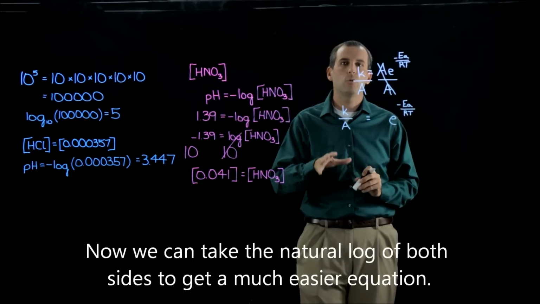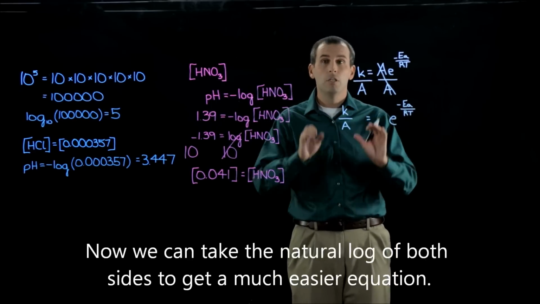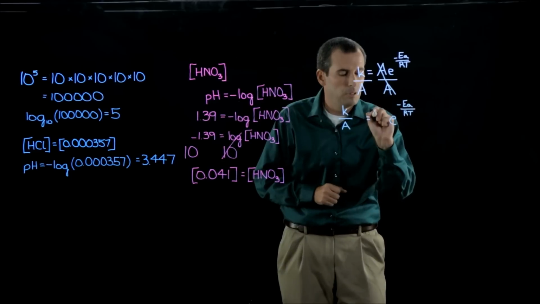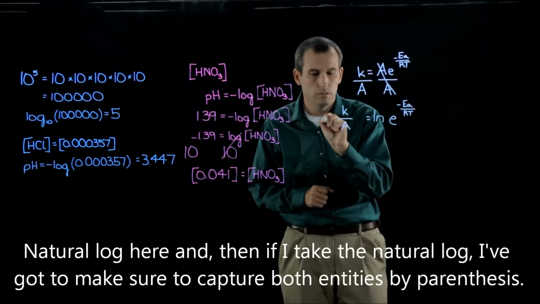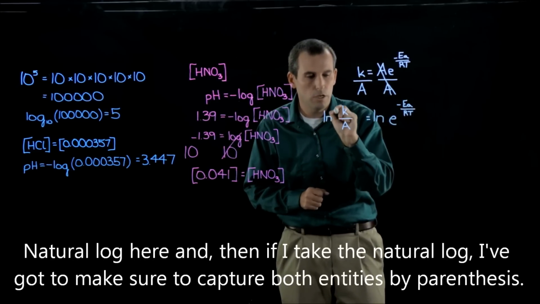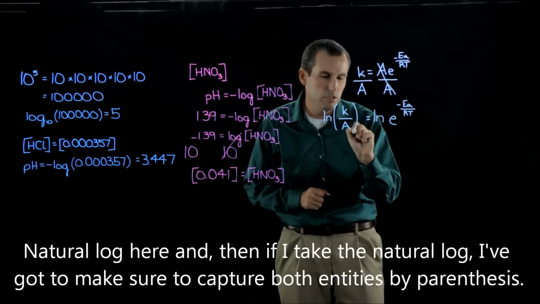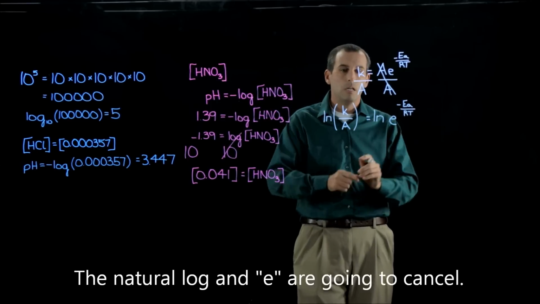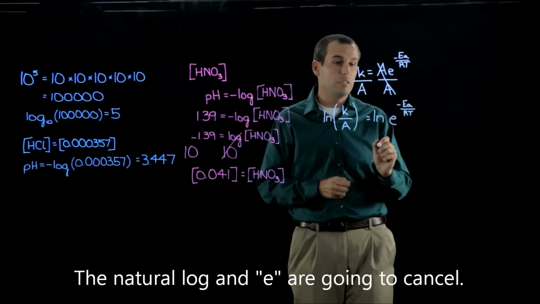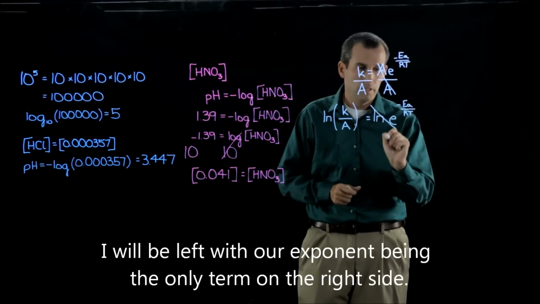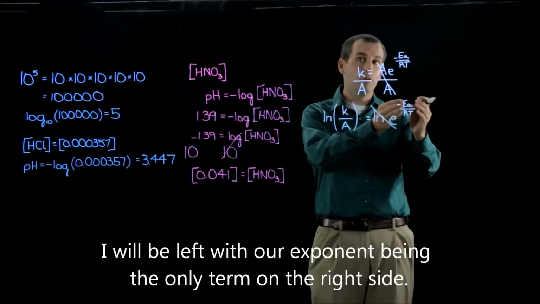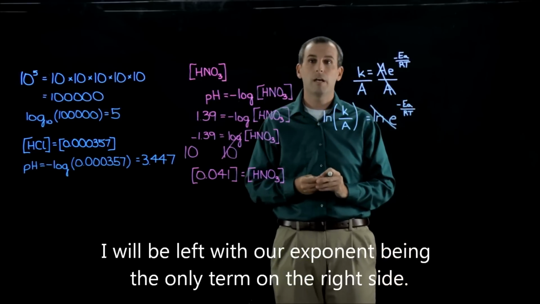Now we can take the natural log of both sides to get a much easier equation. If I take the natural log, I've got to make sure to capture both entities by parentheses. The natural log and e are going to cancel. And we'll be left with our exponent now being the only term on the right side.